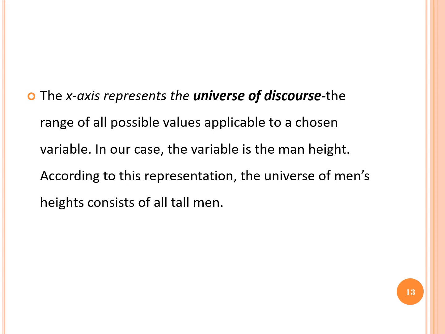The x-axis represents the universe of discourse. What is the universe of discourse? It's actually the range of all possible values applicable to a chosen variable. The variable here is the height. You have a possible value of height.